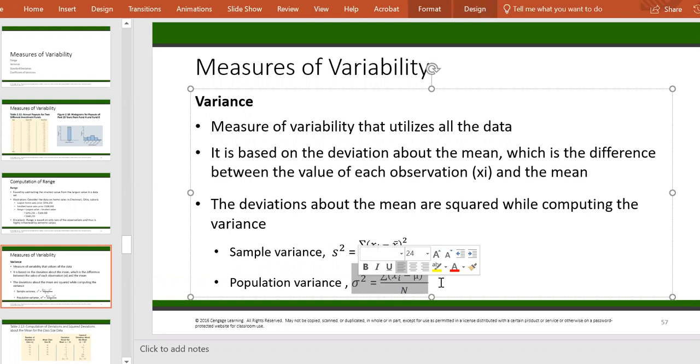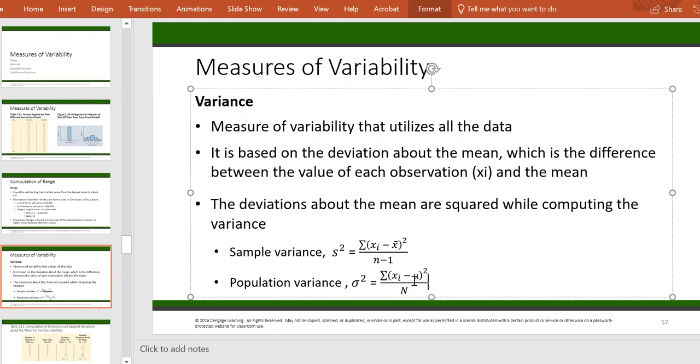We take the sum and then divide it by the number of observations. That gives us the average of squared errors, or squared deviations, from the mean of the population. So mu being the mean of the population, X bar being the mean of a sample.